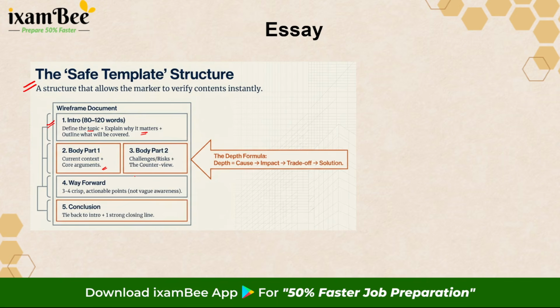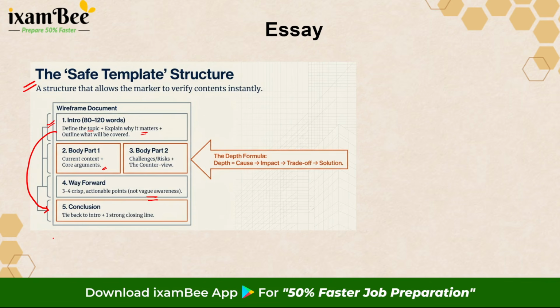The next, fourth para would focus on 3 or 4 crisp actionable points about the way forward. You should not leave it to very vague awareness points only. And the last, never forget to conclude. Tie up your introduction and your main body arguments with one strong closing line.